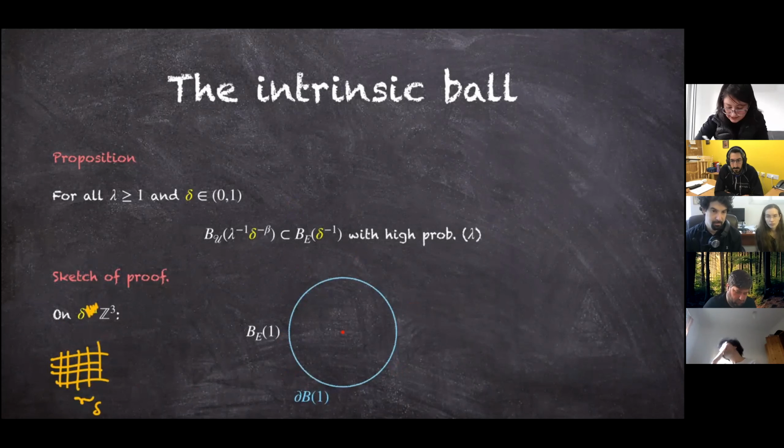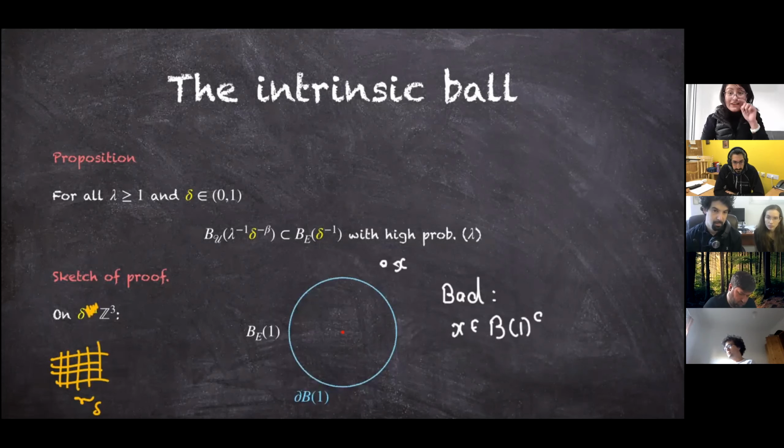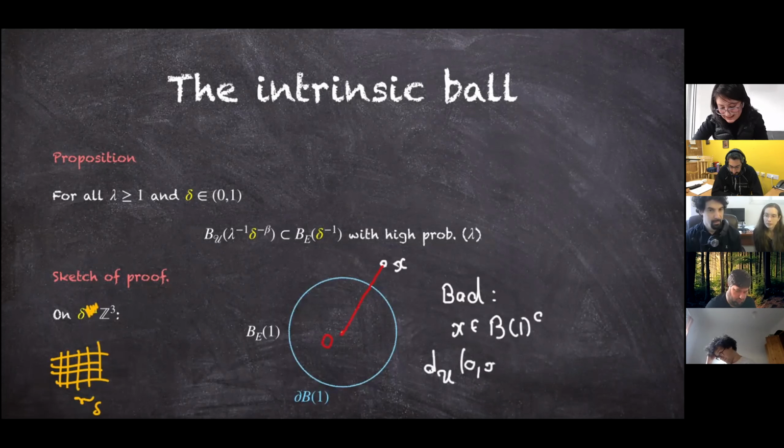And the bad thing to happen is that I could find an x in the complement, some x outside, but somehow it has a special connection with the origin, like a very fast path between 0 and x. So the intrinsic metric between 0 and x would be much smaller than delta to the minus beta. So this would be something bad, and this is what I want to avoid.